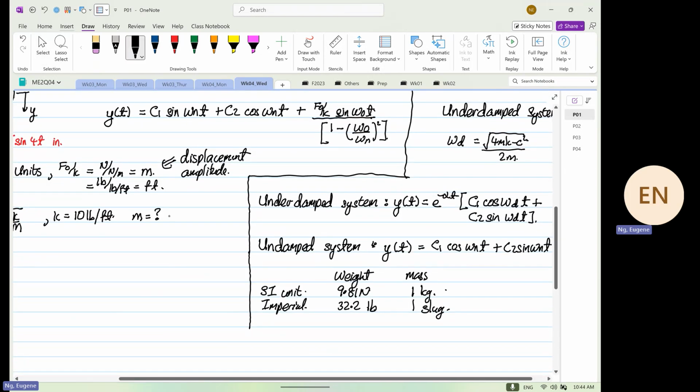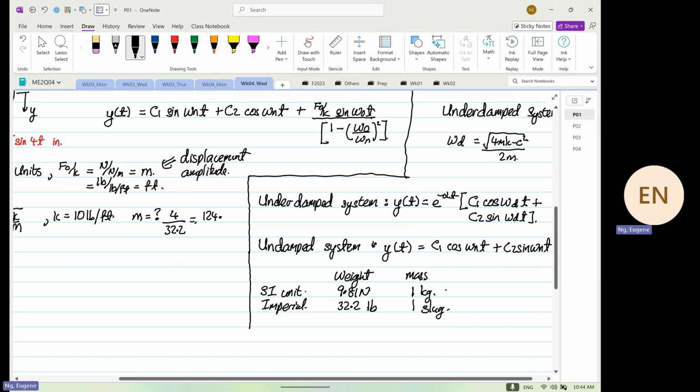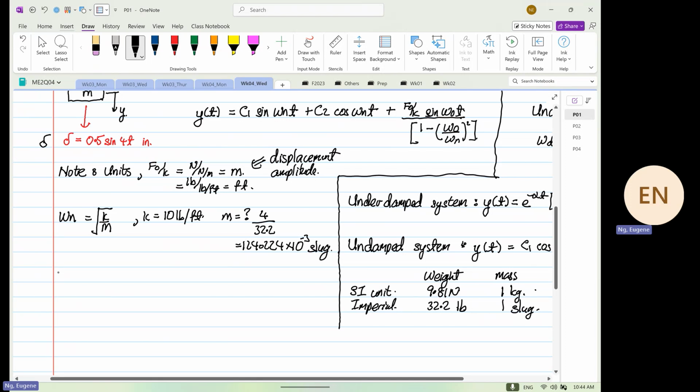So the mass is equal to 4 divided by 32.2, which is equal to 124.22 times 10 to the power minus 3. I'll write it down here, I have not enough space. This is an important value for you.